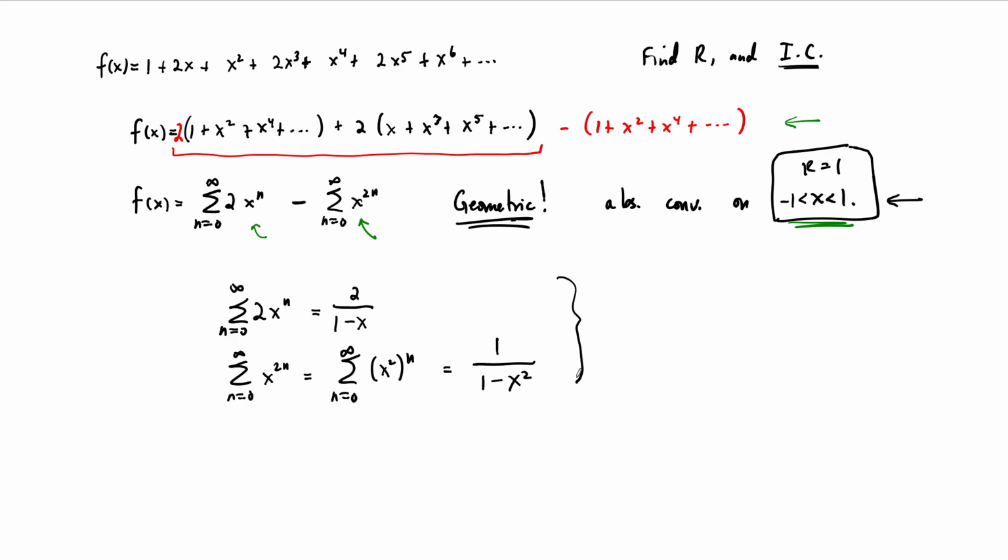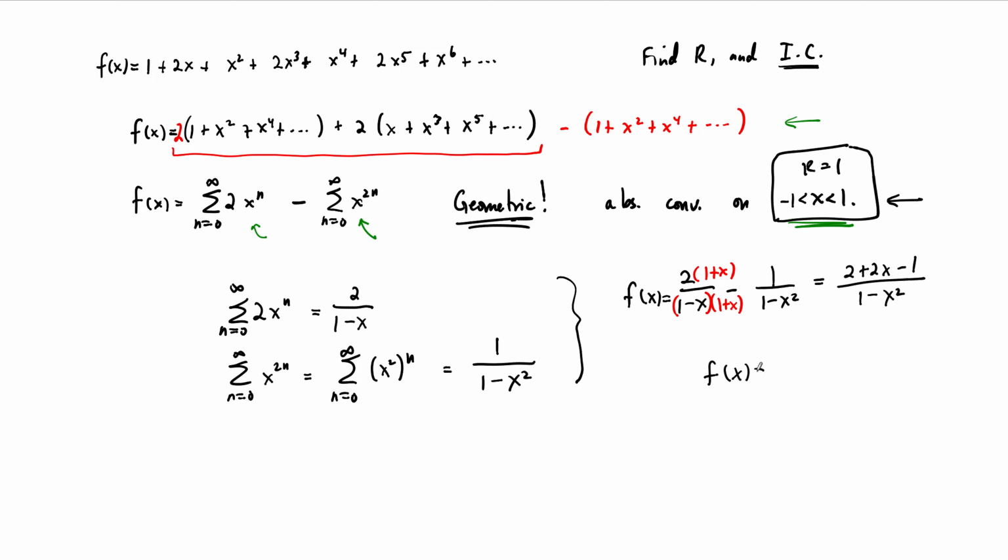And all we have left to do is subtract these two to get our f of x, right? So f of x is then equal to 2 over 1 minus x minus 1 over 1 minus x squared. And we need a common denominator. We notice that 1 minus x times 1 plus x is exactly what we need. Then 2 plus 2x minus 1, all over 1 minus x squared, and that simplifies. 2 minus 1 is just 1.